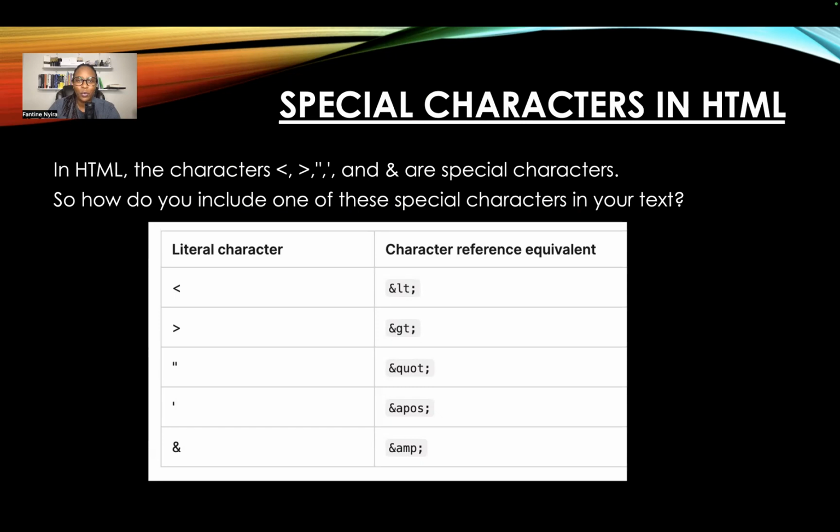So if we want to represent this specific thing, we have to use special characters for less than, greater than, double quote, single quote, and ampersand. These are the special characters that you have to represent like this when you want to represent those.